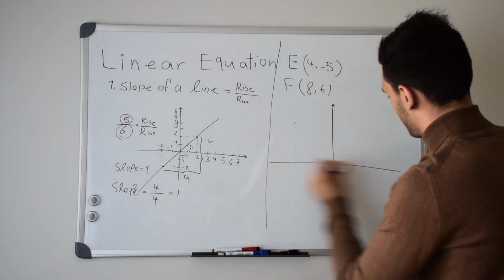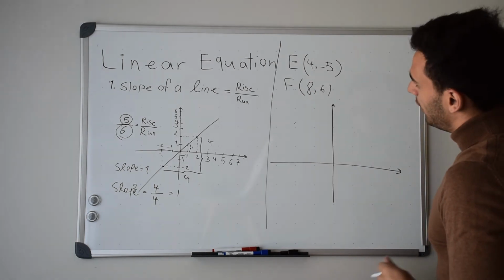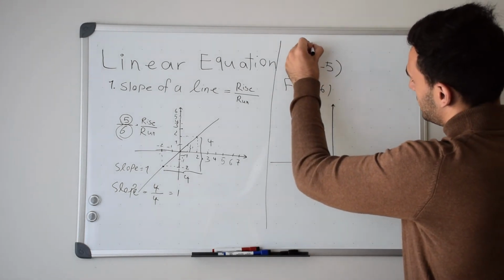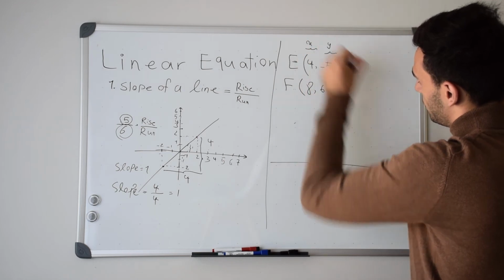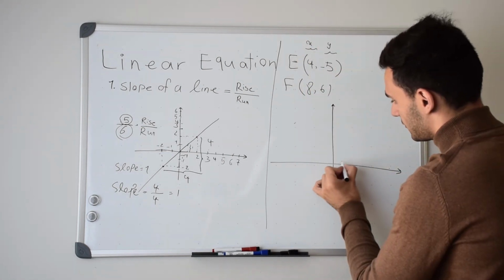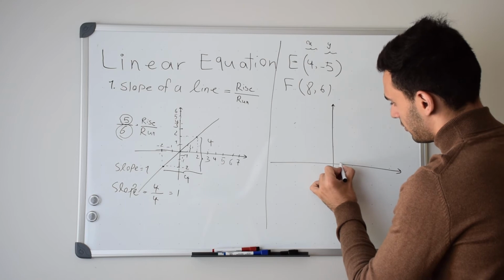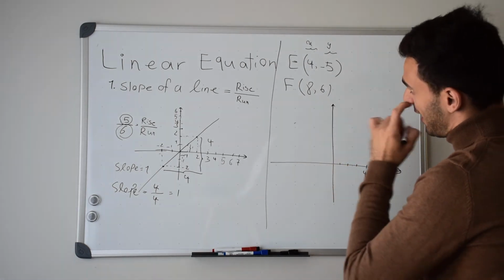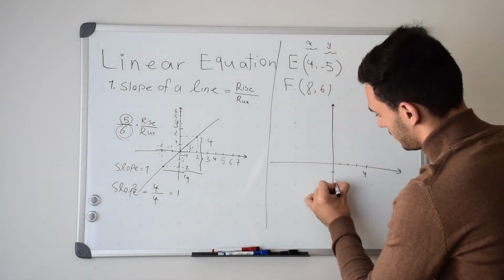okay? Here. Okay, so we know that this is x and this is y, okay? So our x is 4. 1, 2, 3, 4. Okay, and our y is -5.